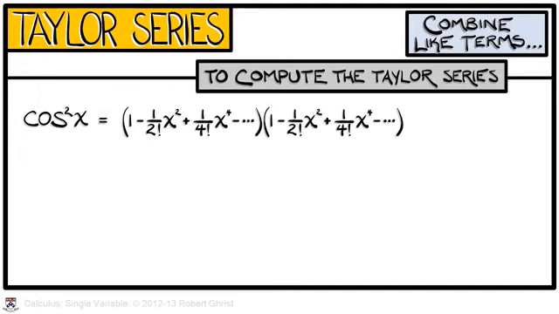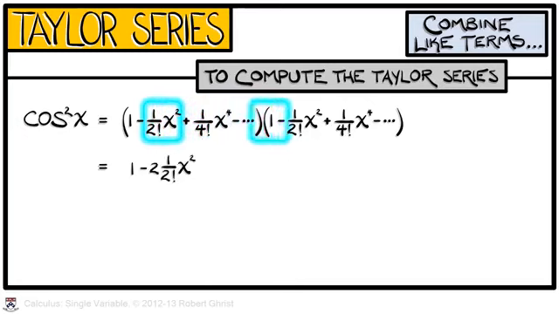If we consider these as very long polynomials, then we can apply what we know from polynomial multiplication. The lowest order term is equal to 1, that is 1 times 1. The next order term consists of 1 times -x squared over 2 factorial plus -x squared over 2 factorial times 1.